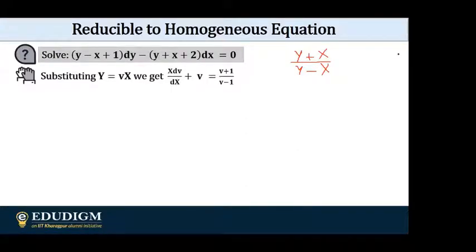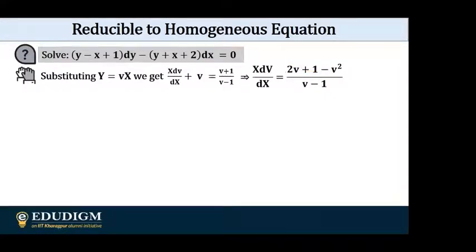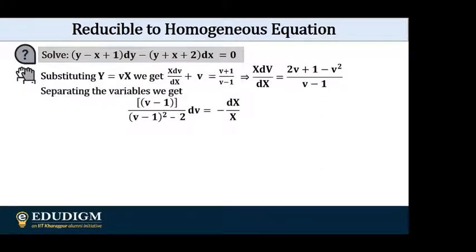We put the substitution y equals vx, and we already know how we normally deal with homogeneous equations. Let me remove the ink so that you can see better. You put all the values and then you separate the variables.